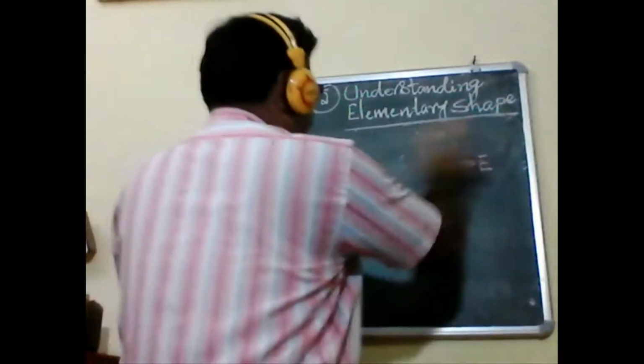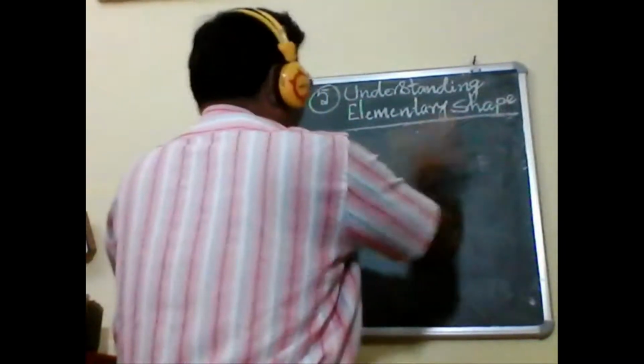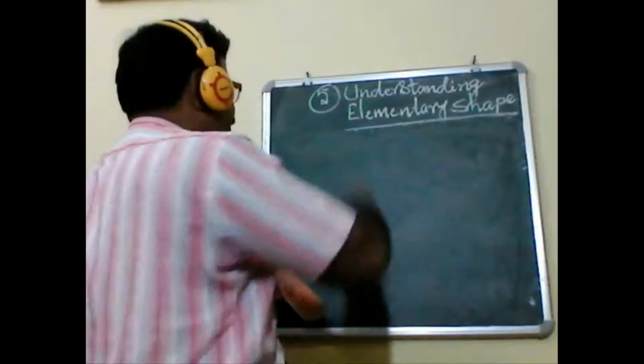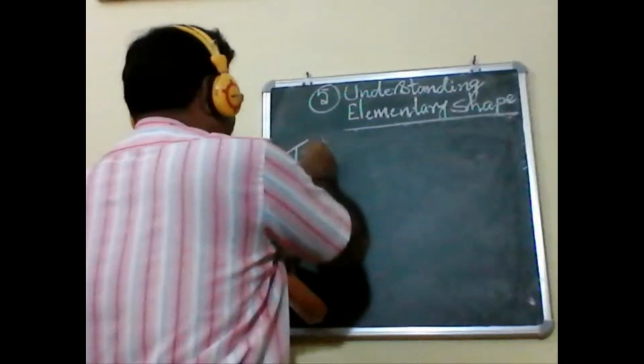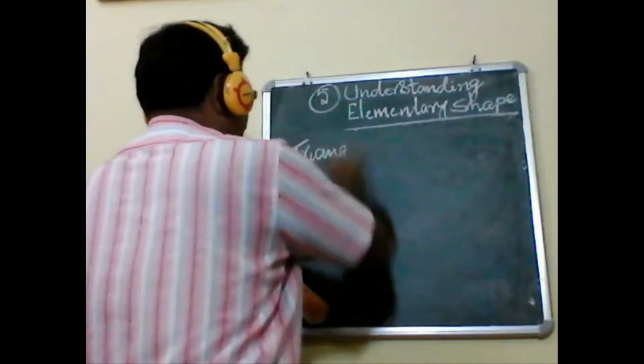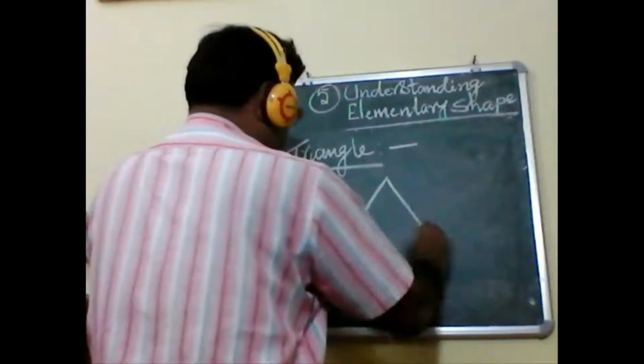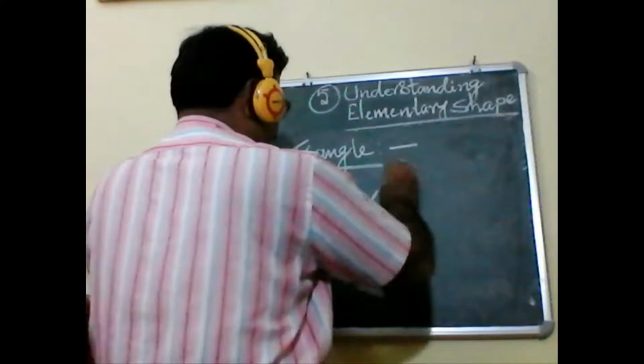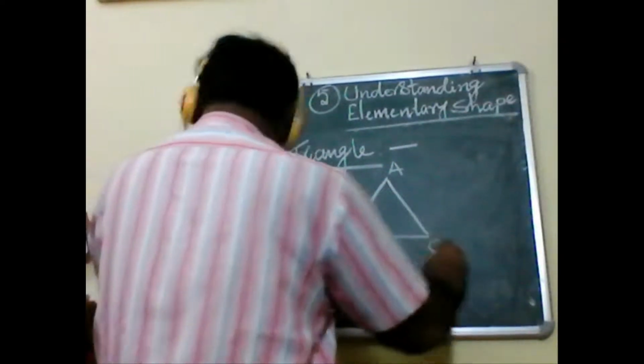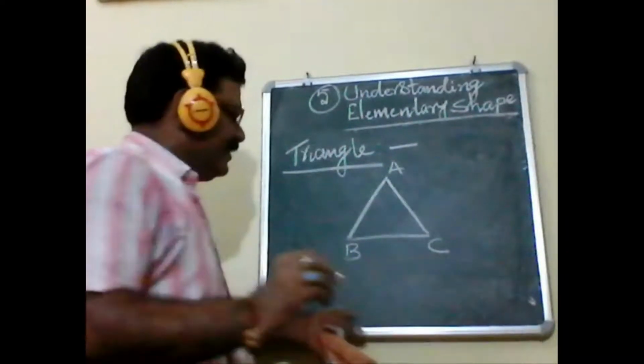Next we will think about triangles. Three line segments joined to each other form a figure called a triangle.